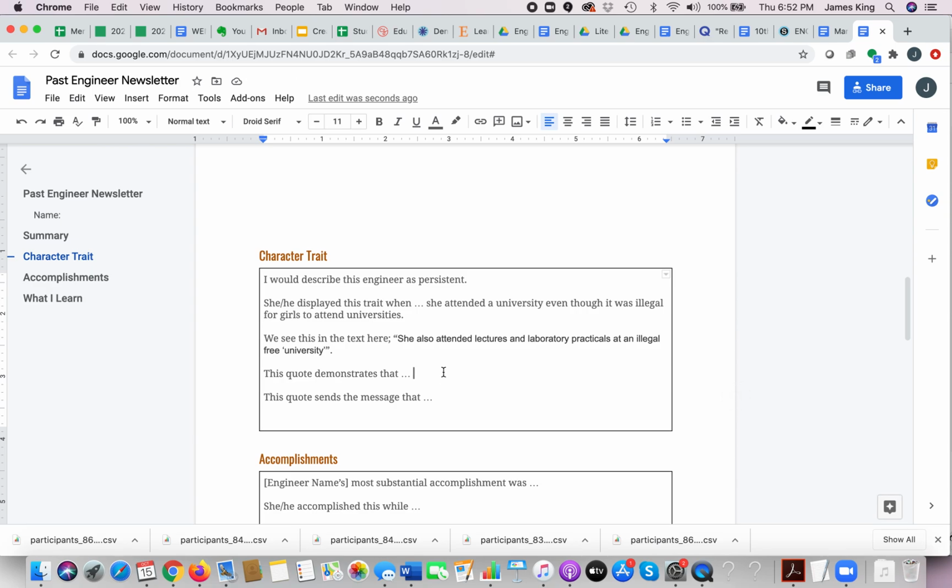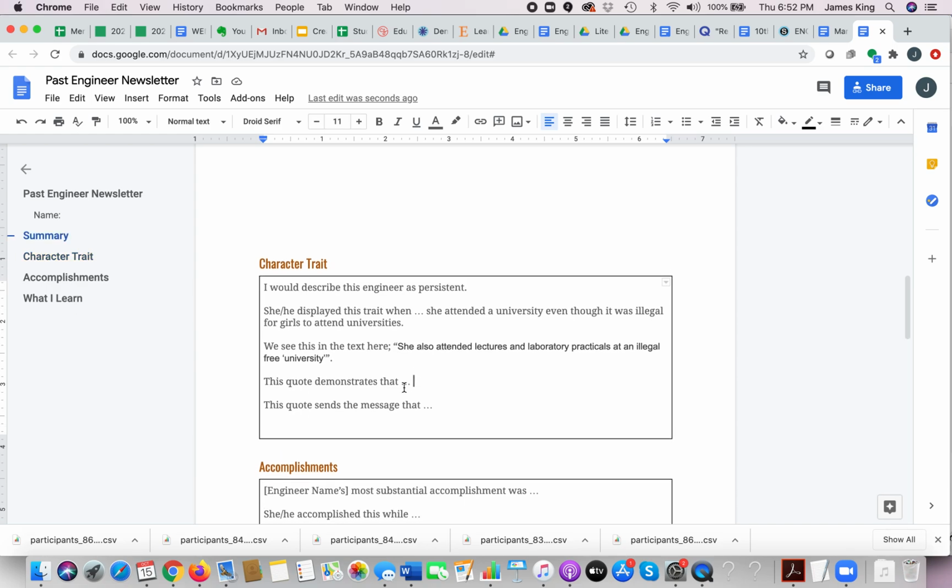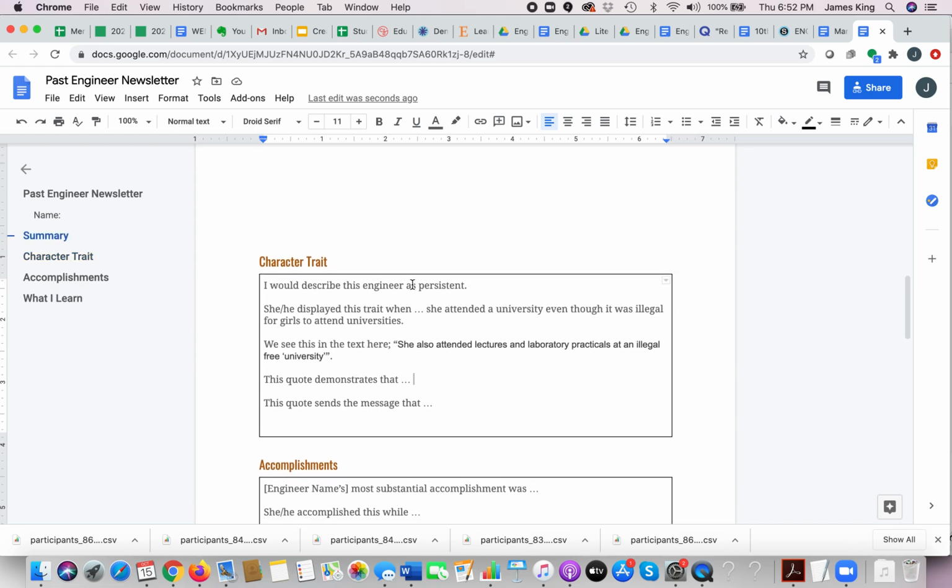It's not correct. Okay. This quote demonstrates that well, now this is my reasoning, right? I have my topic sentence, I have my transition sentence, my quote, and now time for my reasoning. And in my reasoning, I need to explain how this quote demonstrates that Marie Curie is persistent. So, let's go.